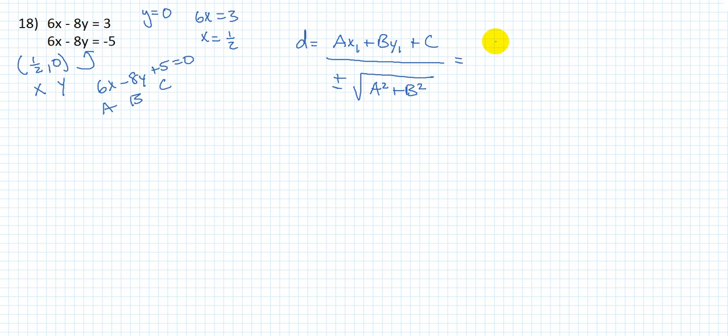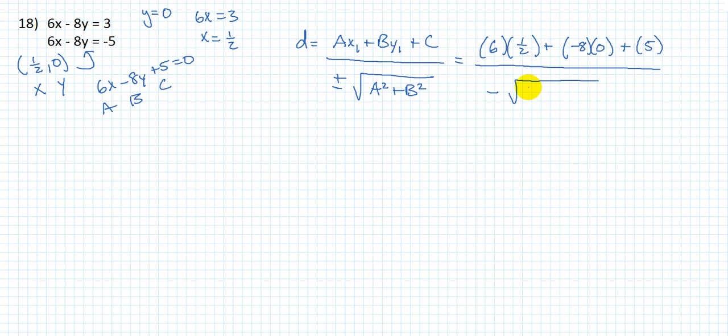And so a is 6, x1 is 1/2, plus b, which is minus 8, times 0, so it'll drop out, plus c, which is 5. And then since that's positive, we would write the negative, even though I keep telling you I'm not going to worry about it, but I do it anyway.